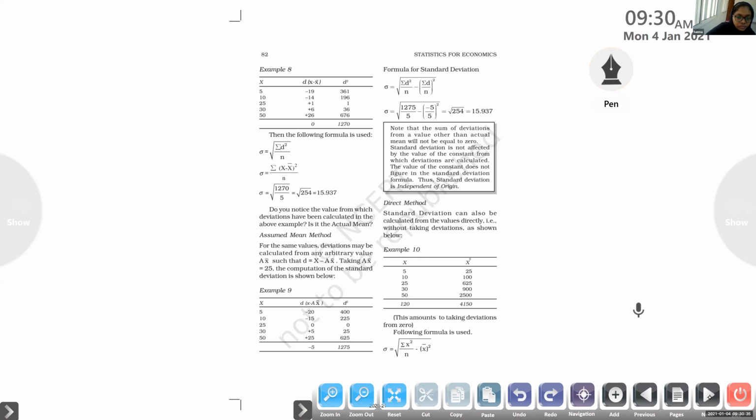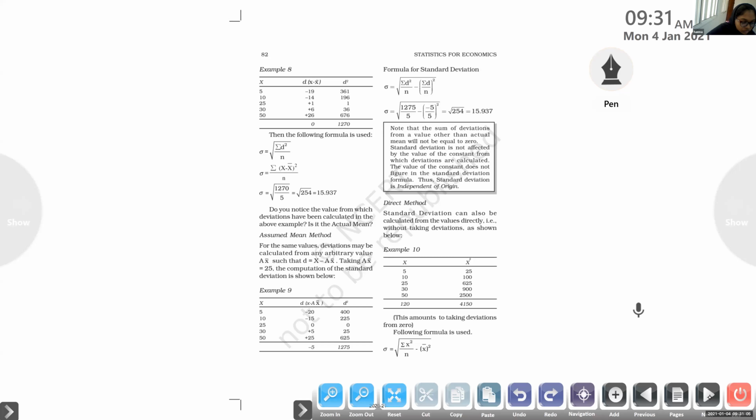Now we want to find the deviation from the mean, or difference from the mean. We got 24. Here x is 5. So 5 minus 24, the answer is minus 19. Deviation is equal to x minus x bar.